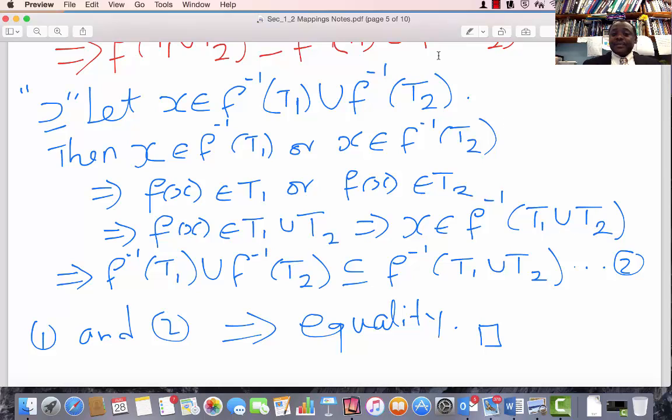Oh, exciting. We picked our x from the right-hand side. We have now shown that that same x is in the left-hand side. So that means the right-hand side f inverse of T1 union f inverse of T2 is a subset of the left-hand side f inverse of T1 union T2, and we call that 2.